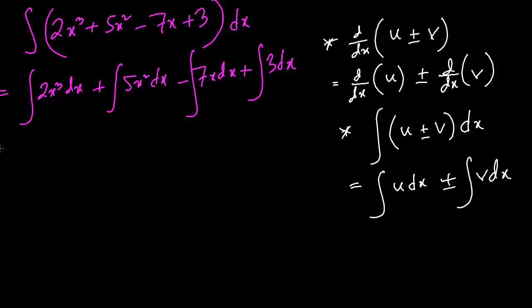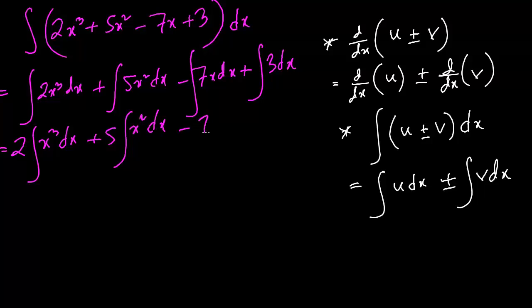And again we can break it down: if we bring the constants outside, 2 integration of x cubed dx plus 5 integration of x squared dx minus 7 integration of x dx plus 3 integration of dx. So this is what we can write by the addition rule.